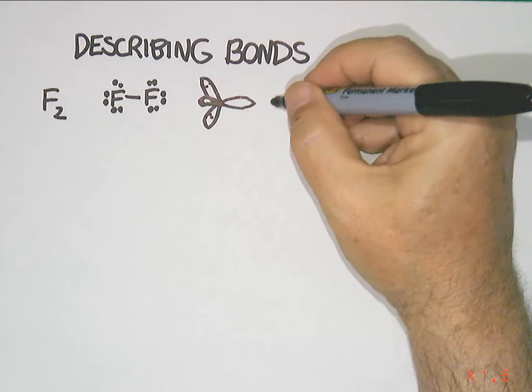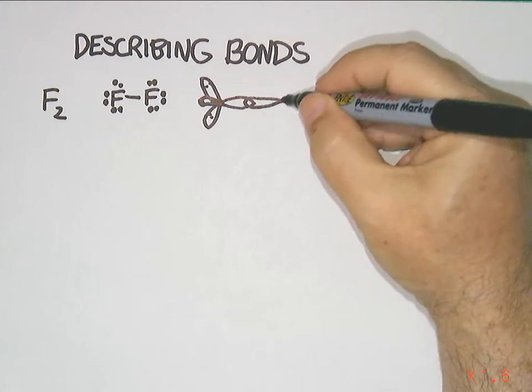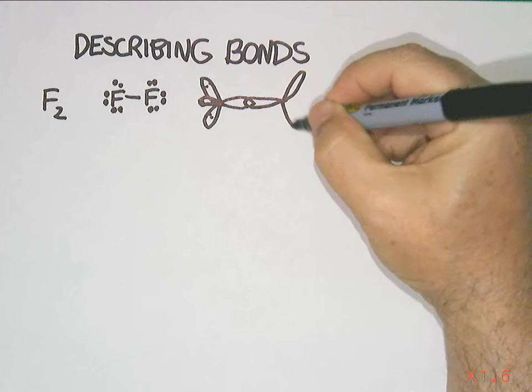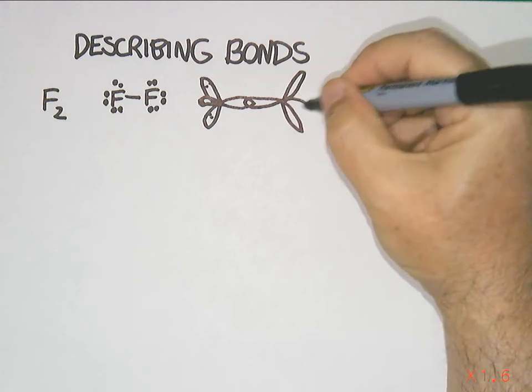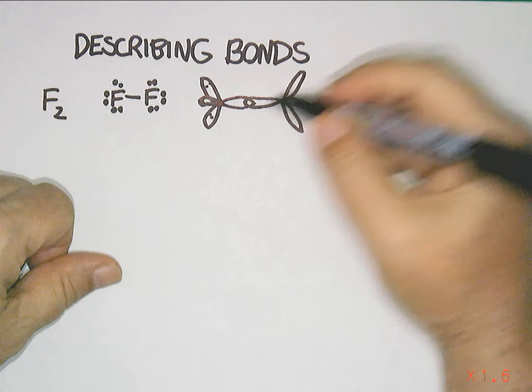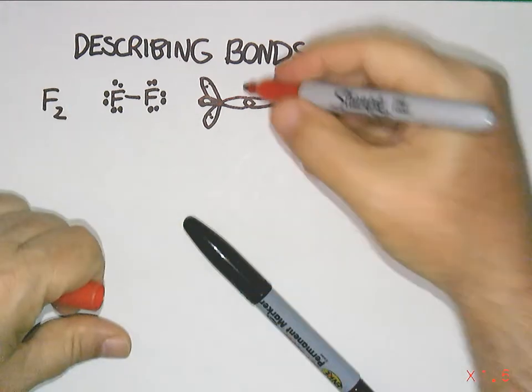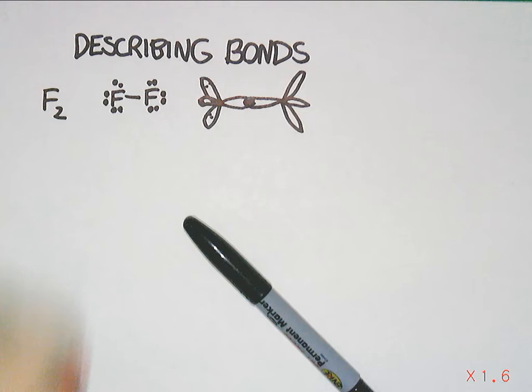The other fluorine is going to also have an sp3 hybridization. So it's going to look like this. I just draw a little tetrahedron with lobes that point to the points of the tetrahedron. And this thing here is the overlap. That's the valence bond in there.